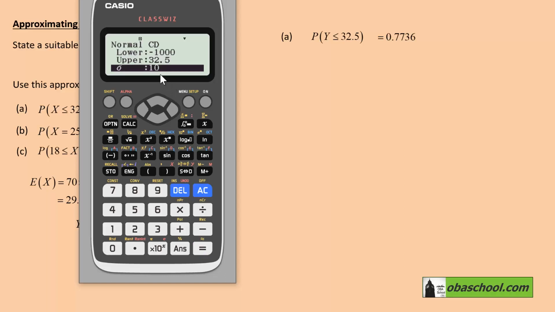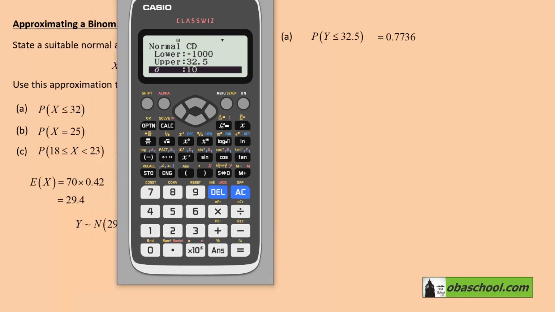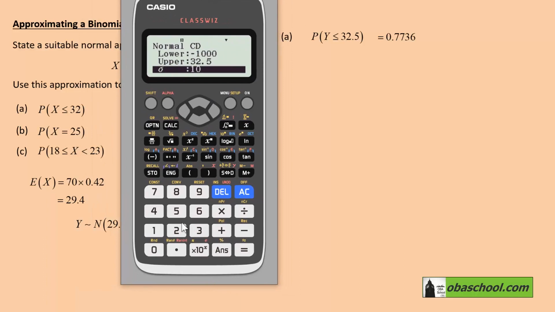My standard deviation here was 4.13, and the mean was 29.4. And that's our 0.7736.